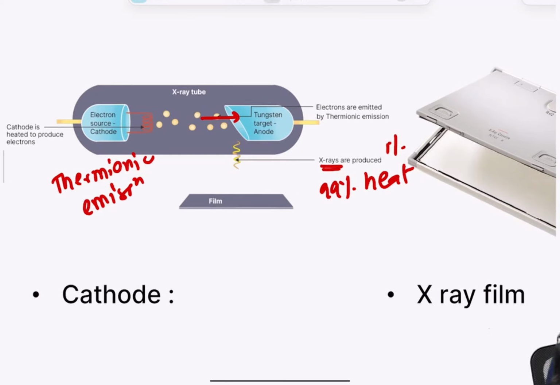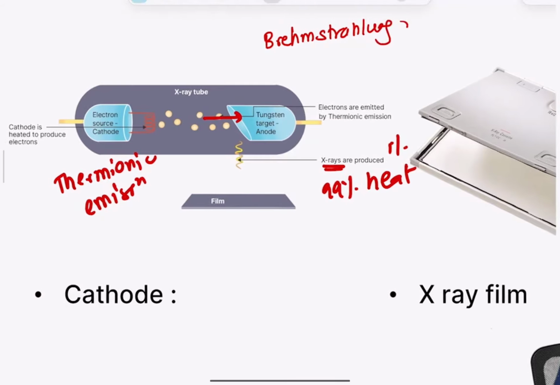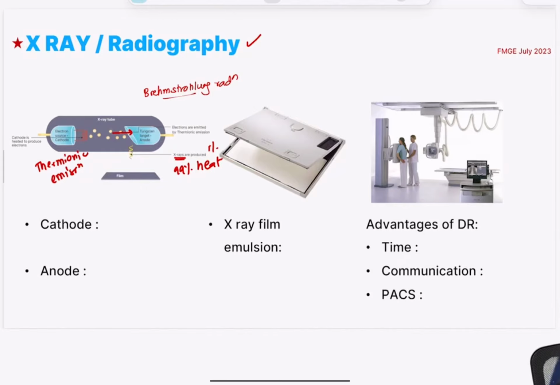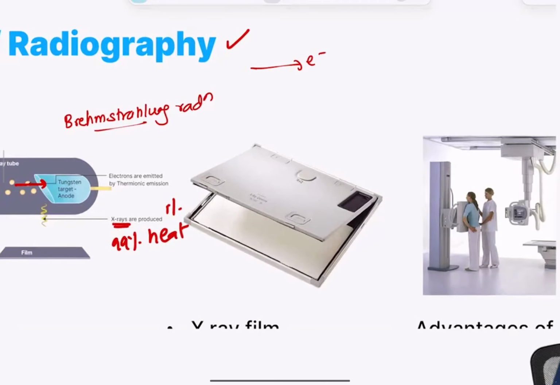The production of X-rays in this routine X-ray tube is by the mechanism called Bremsstrahlung radiation. What is this Bremsstrahlung radiation? It is the electrons going towards the anode. In this anode we have tungsten, the nucleus of which is positively charged, and the electrons go towards it.